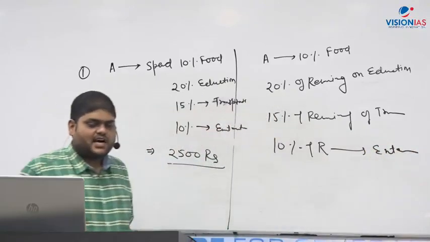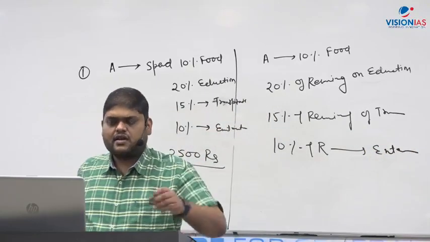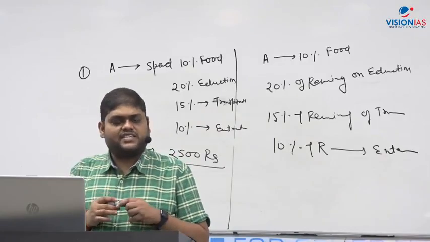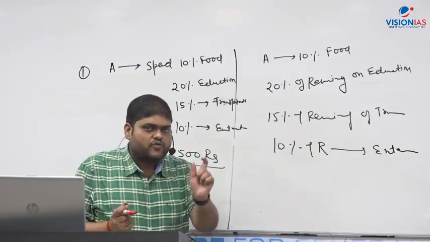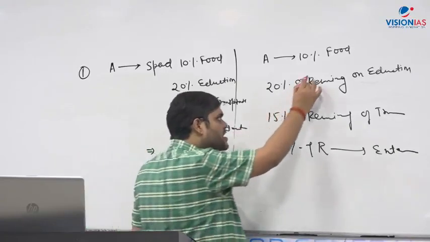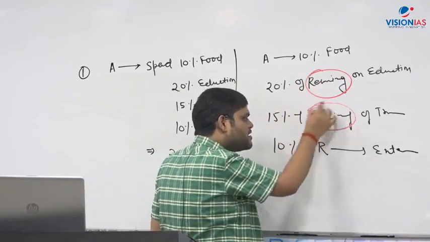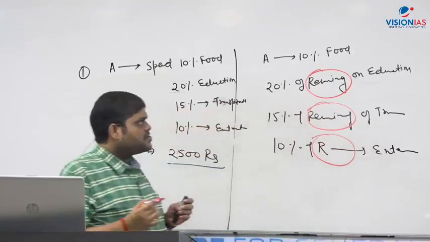Now one extra word is added in the question, and that extra word will change everything. What is that extra word? You have to be very cautious in the examination. That is "remaining".